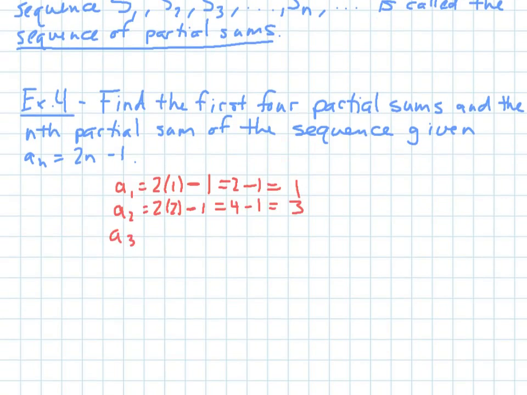Then a sub 3, 6 minus 1 should be 5. And a sub 4, so 2 times 4 minus 1 equals 8 minus 1, which is 7. Okay, so there's your first terms. Now let's find the first partial sums.